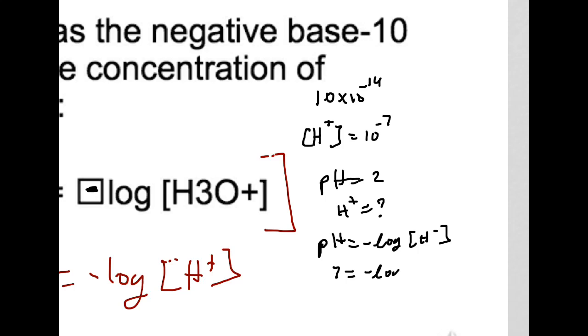What if I tell you that the hydrogen ion concentration equals 4.7 times 10 to the minus 5. pH equals what? So you grab your calculator.